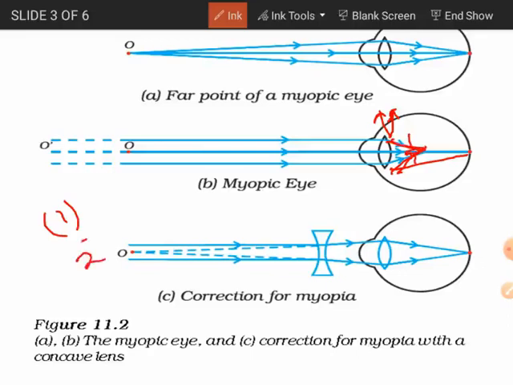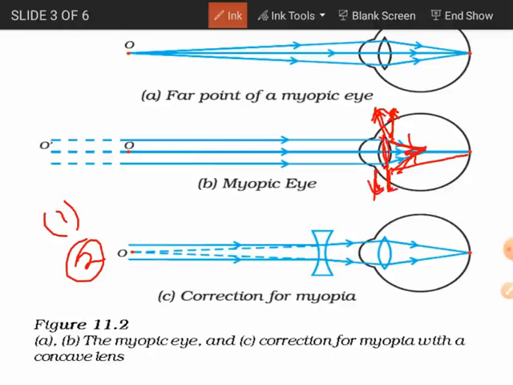The second cause is that the relaxing power of the ciliary muscles is less. Got it? Had these ciliary muscles pulled outward by relaxing, the eye lens would be flattened.